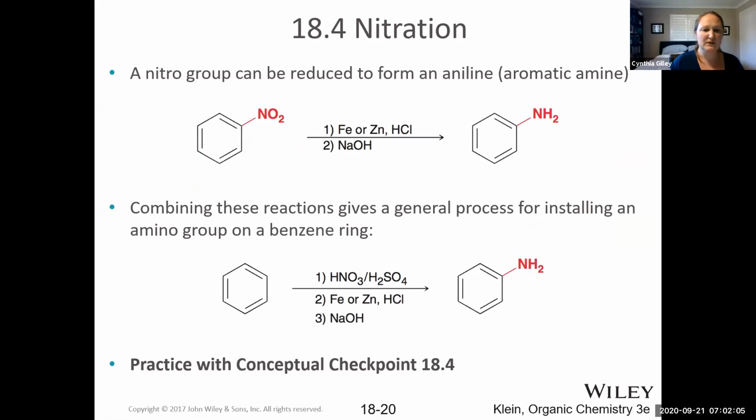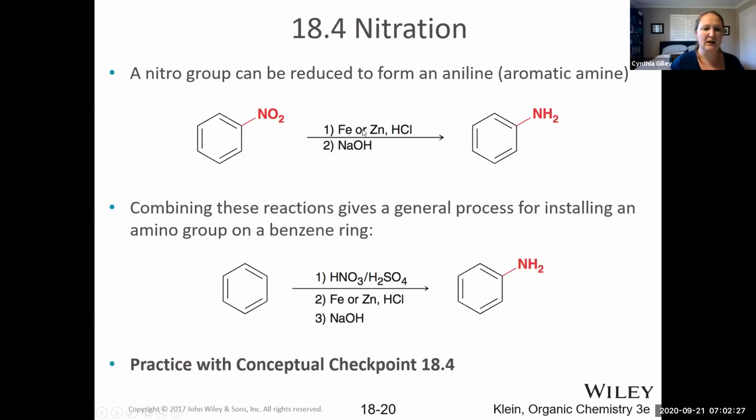Something important to know about the nitro group is that it can be reduced to an NH2 group. Because the nitrogen is directly attached to an aromatic ring, we don't actually call it an amine, we call it an aniline. An aniline is basically an amine where the nitrogen is directly attached to an aromatic ring.